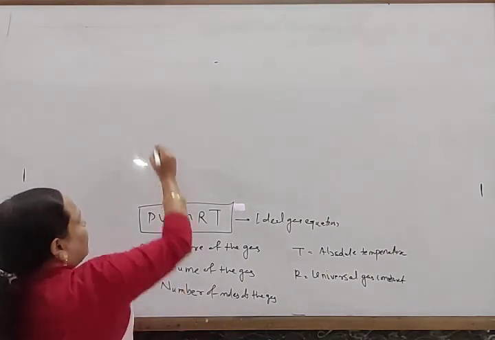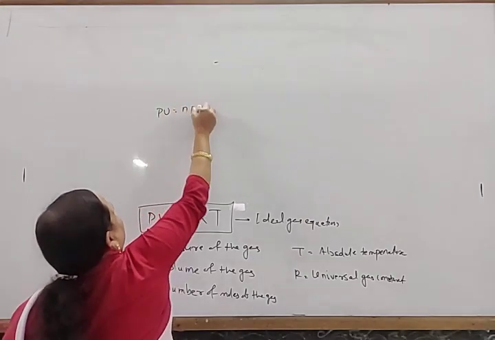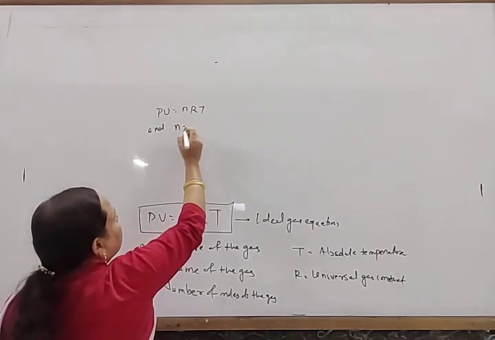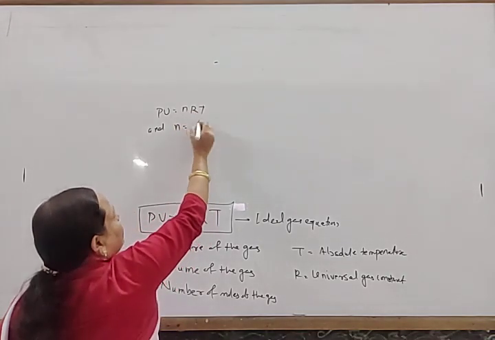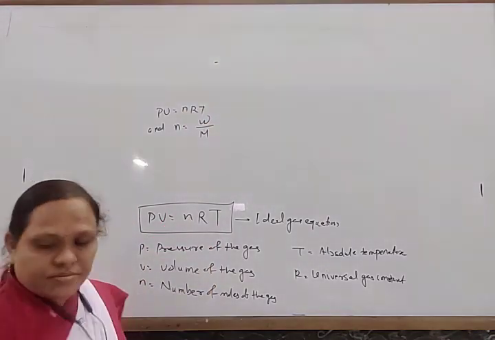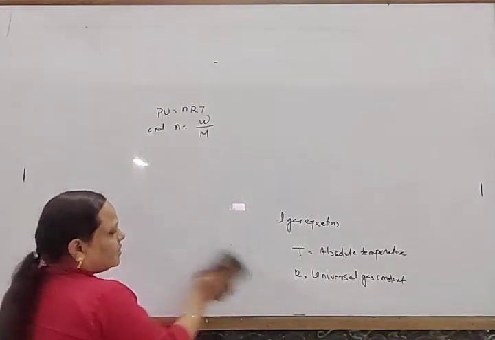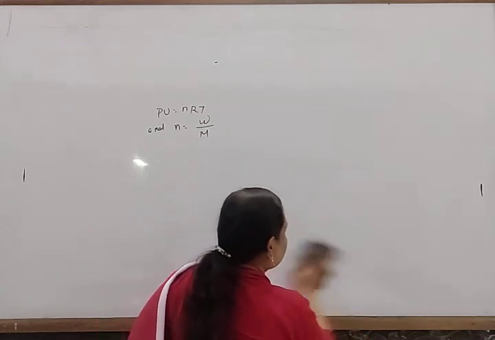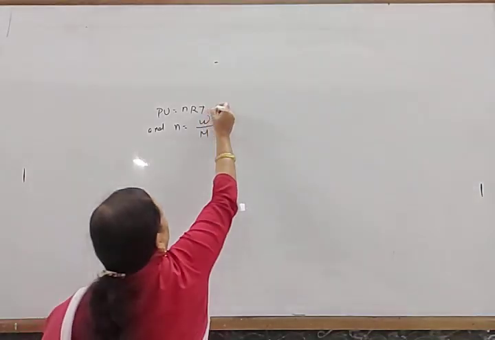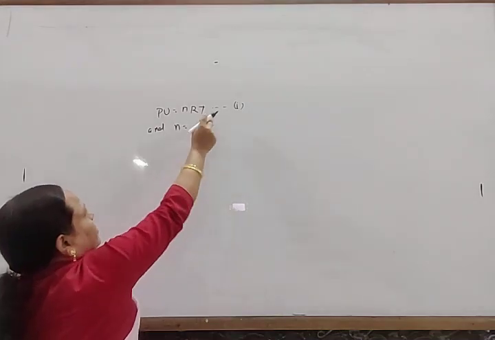So PV equal to nRT, and n is equal to the weight of the substance divided by its molecular mass. Substitute the value of n in this equation, which is equation 1.